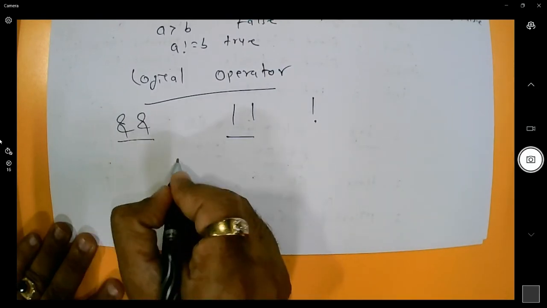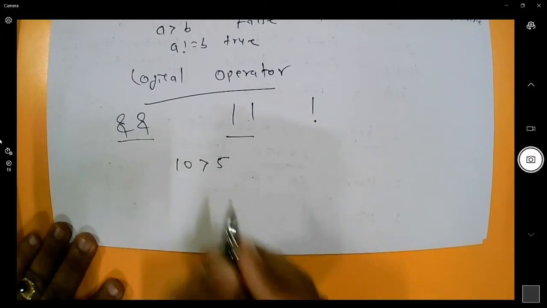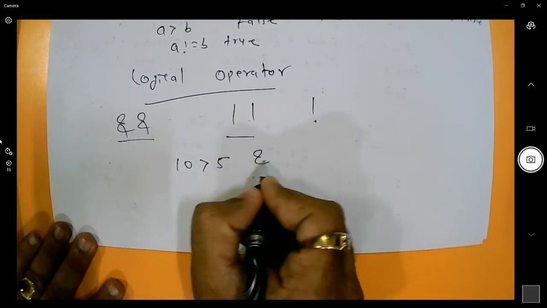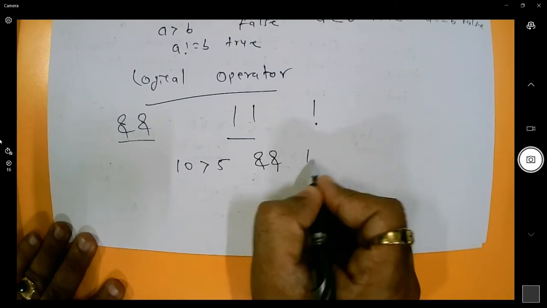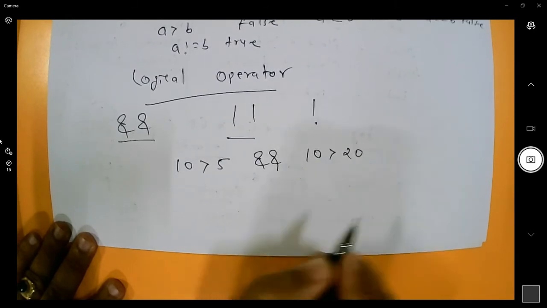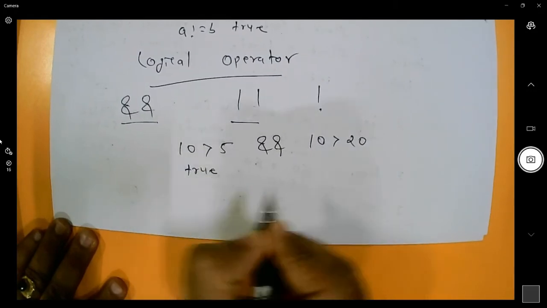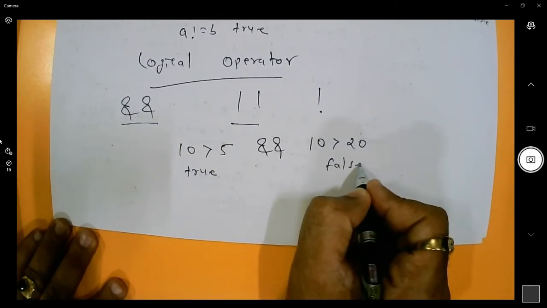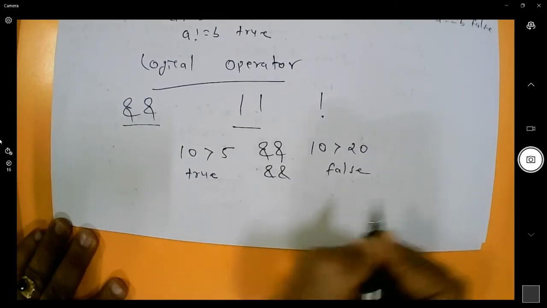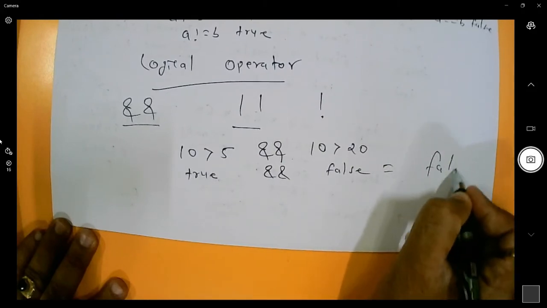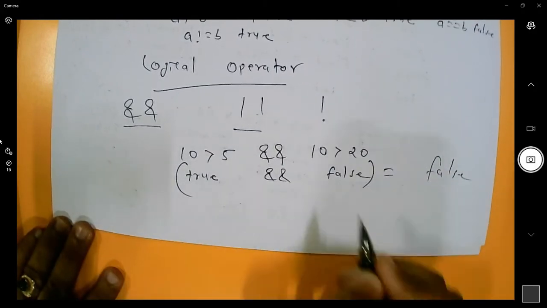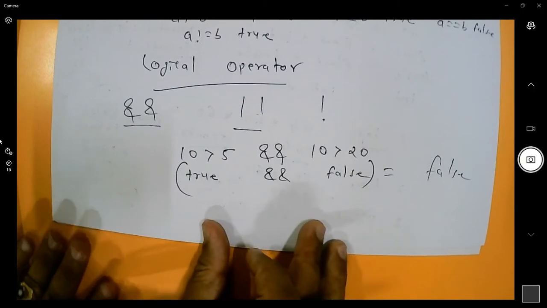Suppose I say 10 greater than 5, yes, it is true. And if I say 10 is greater than 20, this is not true. So if one condition is true but the second condition is false, then the ampersand will return false. Why? Because both conditions are not true.